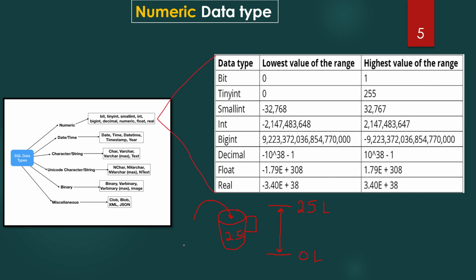What if we have a smaller cup, a tea cup, that can hold only 0.2 liter? So this is a cup and this is also a cup, but the size is different, as you can see.